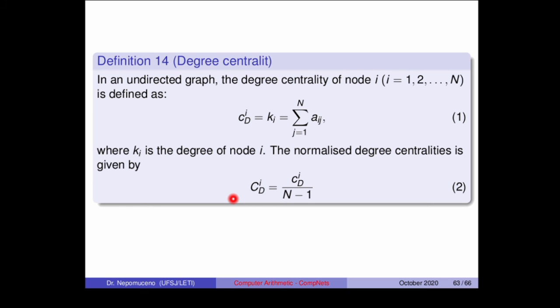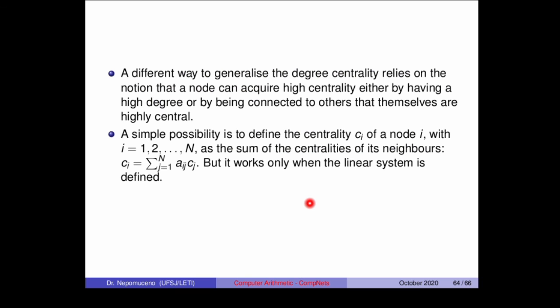Degree centrality. In a directed graph, the degree centrality of a node is given by c_D equals the sum of a_ij, and the normalized degree centrality is given by capital C equals small c divided by n minus 1.